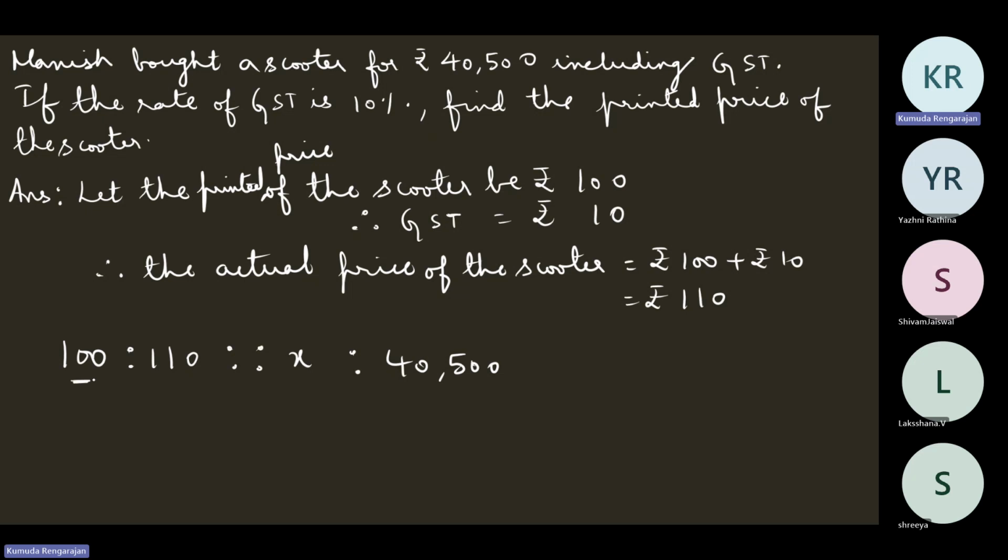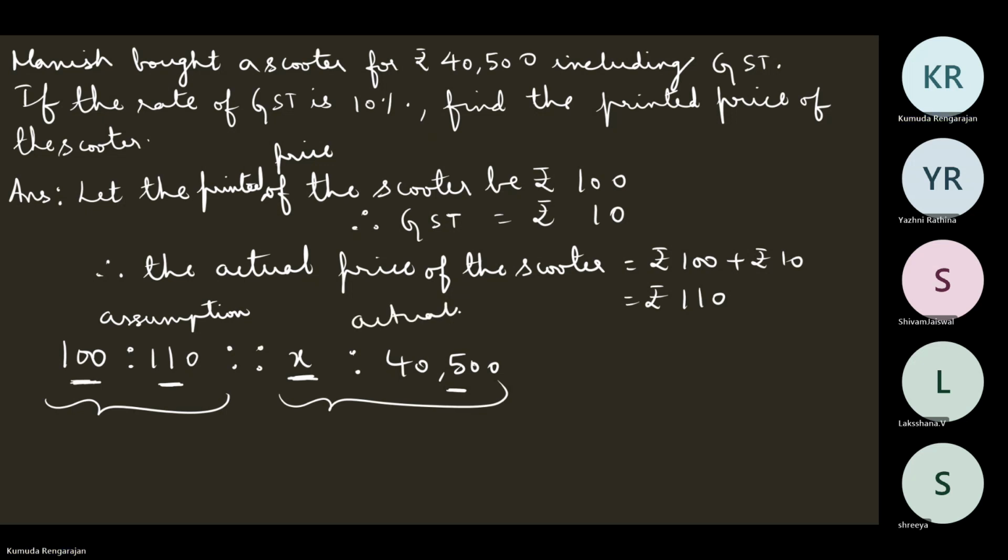See, children, 100 is the cost without GST. This is the cost with the GST. This is without GST. That's what we have to find, so we are calling it X. This is with the GST. That's given in the question, 4,500. So here we have the assumptions, and here we have the actuals.